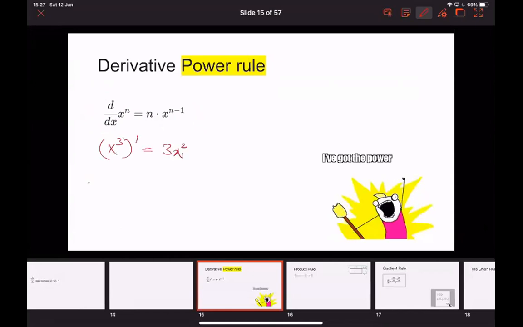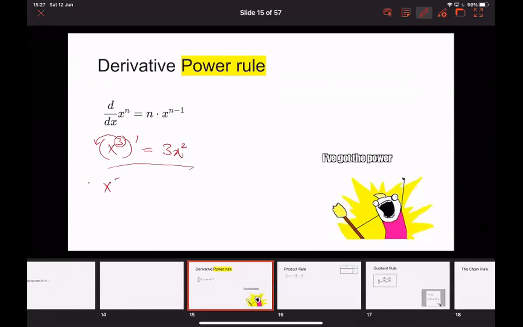You make 3 the coefficient, and then you make the power 1 less. You have also seen it from the graph. For example, if you have x to the power 7.5, it doesn't have to be a whole number, so 7.5 becomes the coefficient, and x to the power 7.5 minus 1, 6.5.